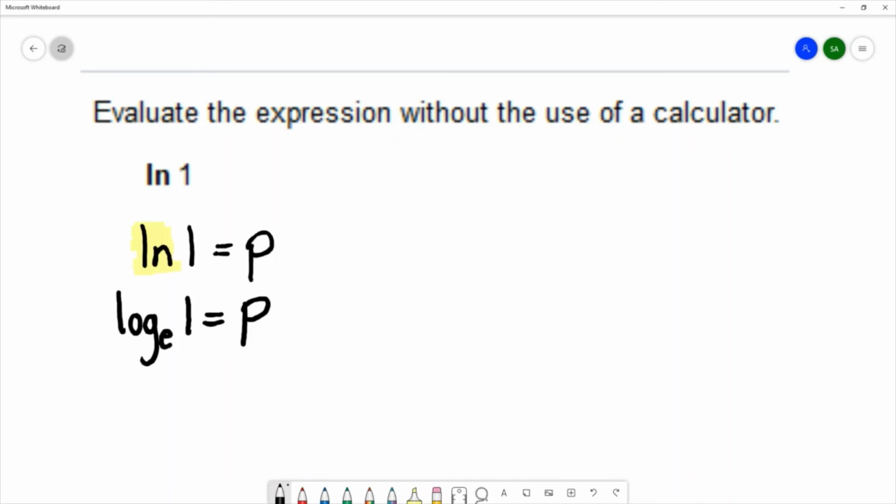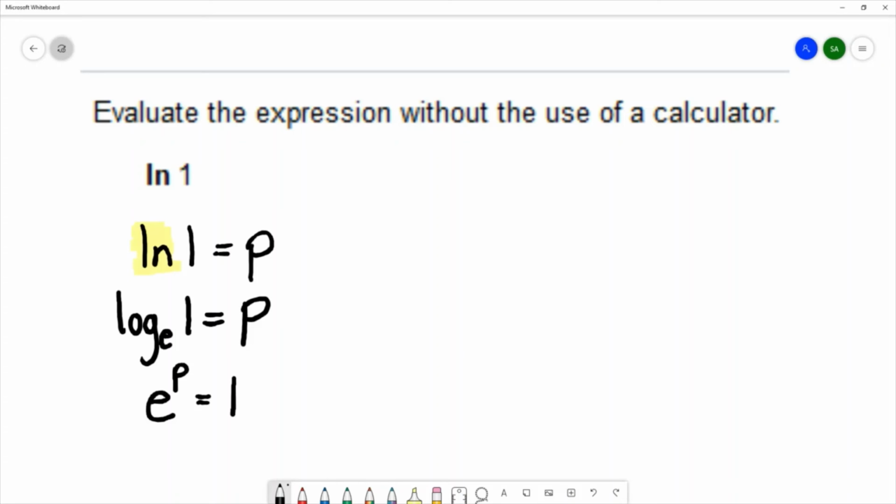I can rewrite it as an exponential. That would be e, the base of the log, to the power p. The log always equals the exponent, and so since this log equals p, I've used p as the exponent. And then this expression equals what's inside the log of 1.